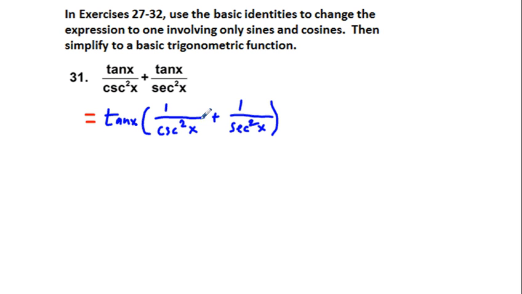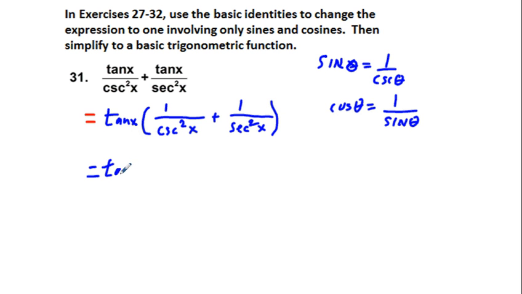And we should recall that sine theta equals 1 over cosecant theta, and cosine theta equals 1 over secant theta. So accordingly, we can multiply tangent x times, well, 1 over cosecant squared theta is going to be sine squared theta.